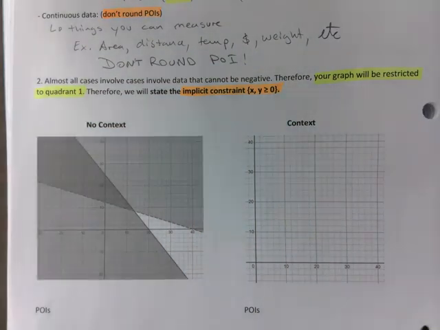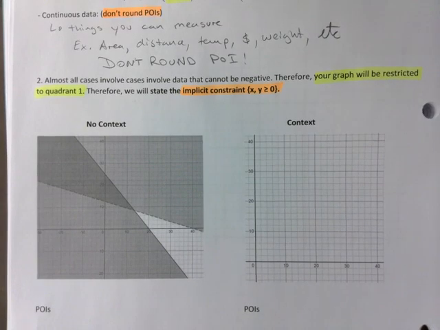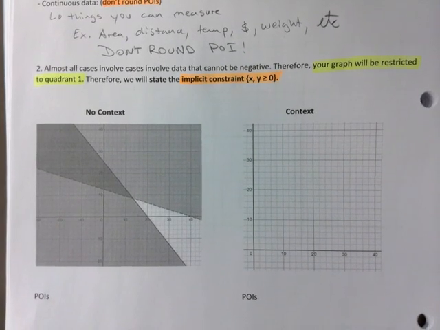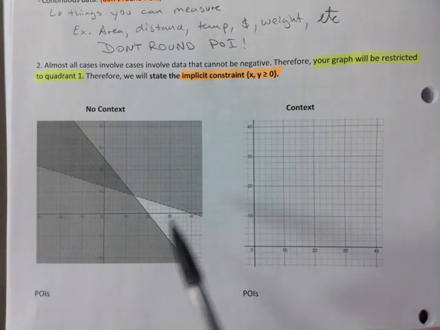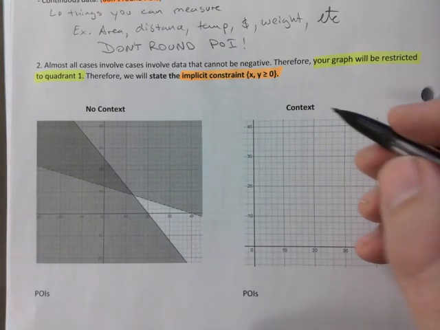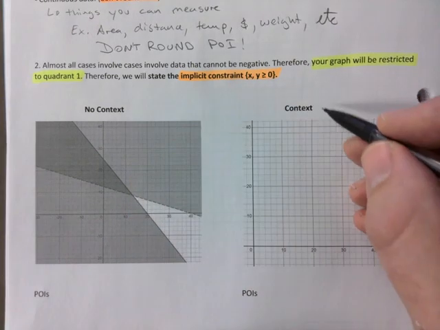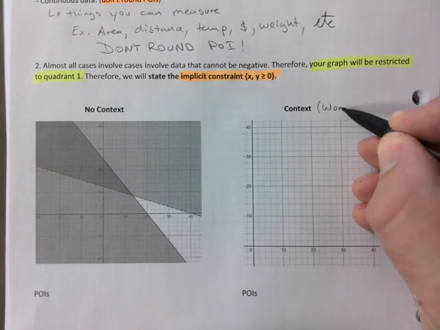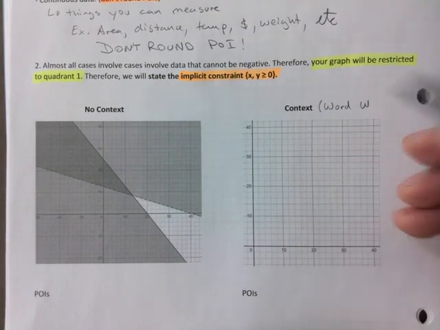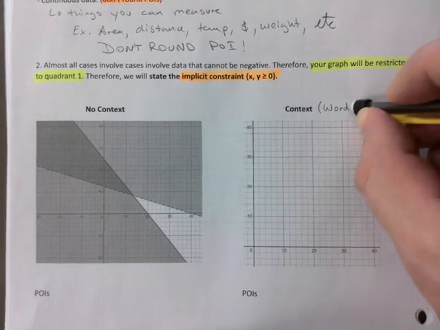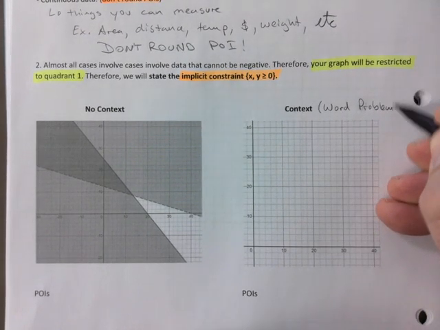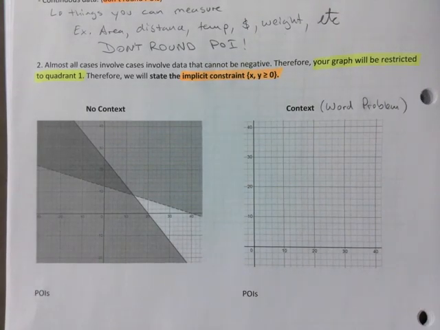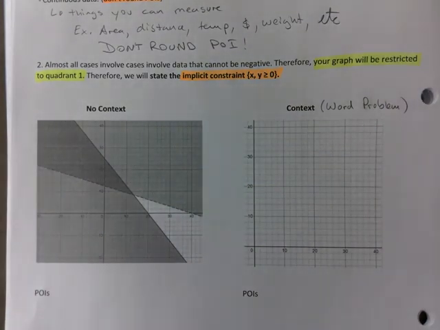I would like you to have this scenario here: no context, and with a context. So this is not a word problem. This is when we have a word problem. And I'm going to have a ruler here.